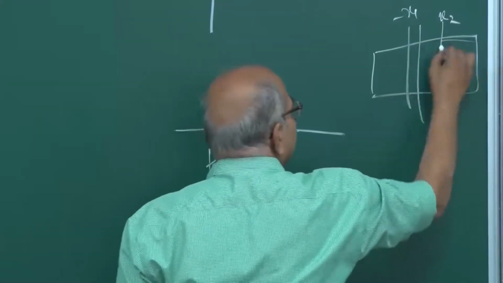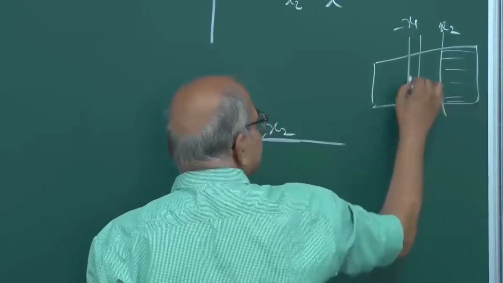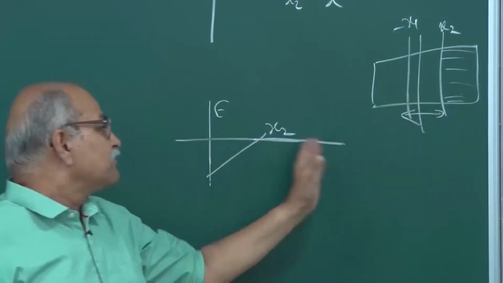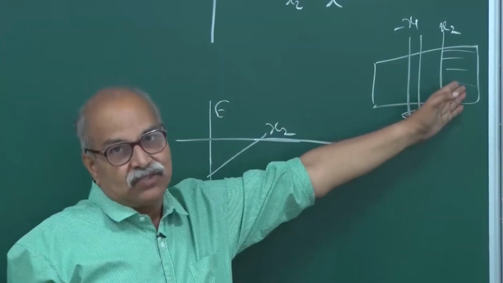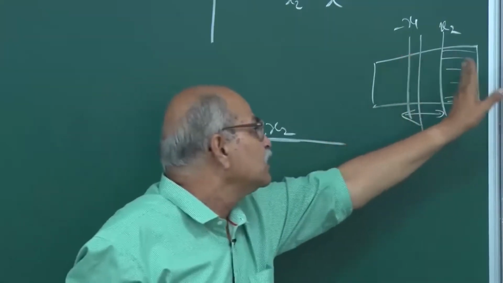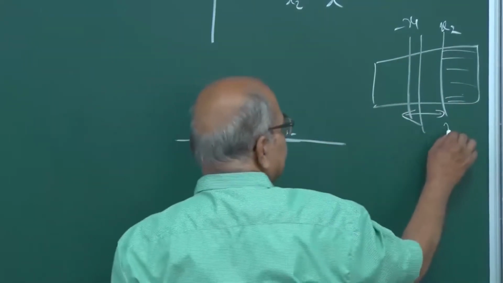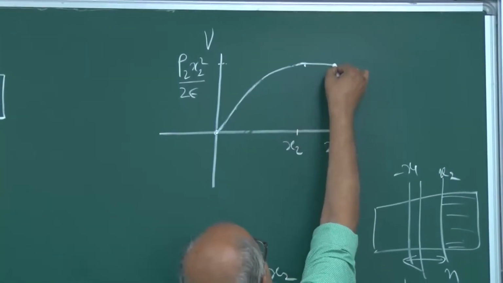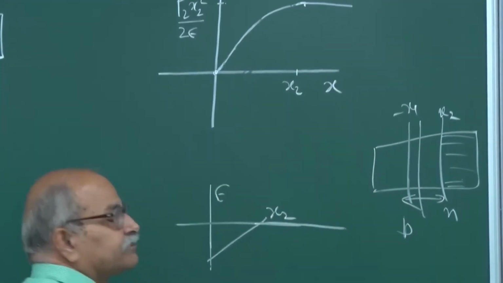So beyond x2, here in this region, this is the depletion region. So in this region, there is no electric field, and so the potential is constant. So throughout this n-type region, the potential remains constant like this.